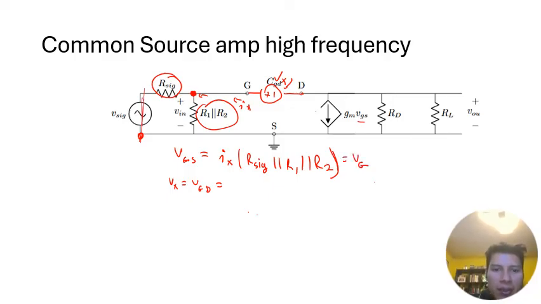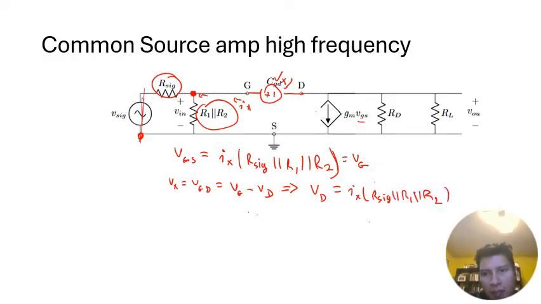So this is actually equal to Vg minus Vd. So that tells us that Vd is actually equal to Ix R sig in parallel to R1 in parallel to R2 minus Vx. Of course, this is just Vg. And VGS is actually just equal to Vg.